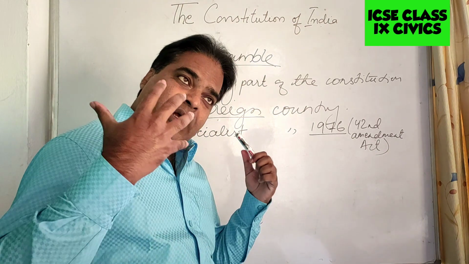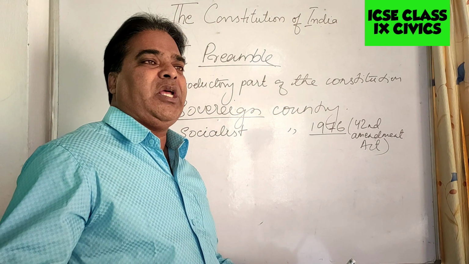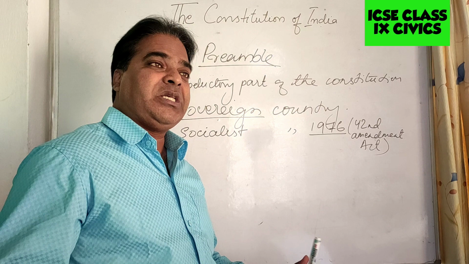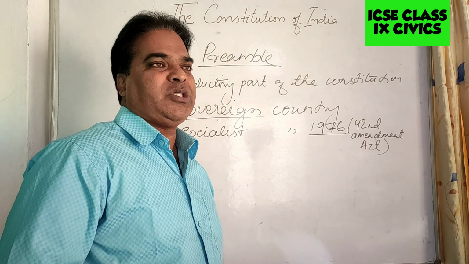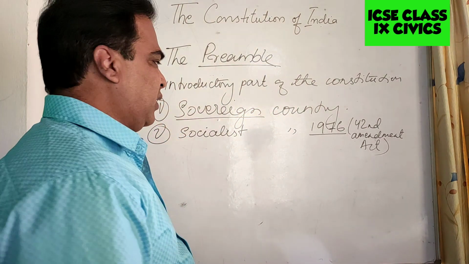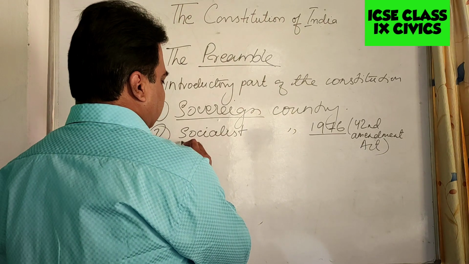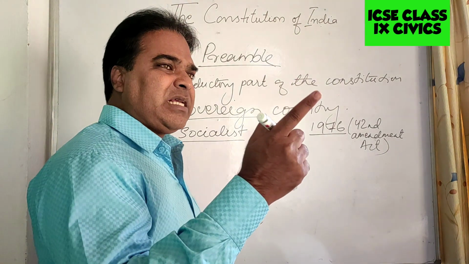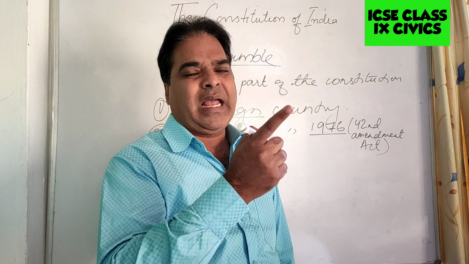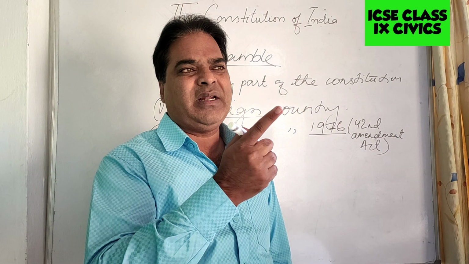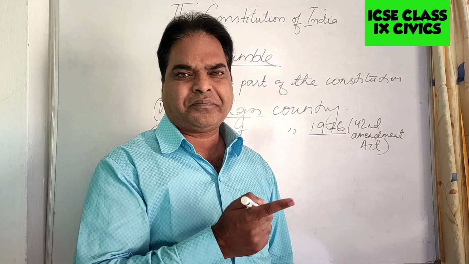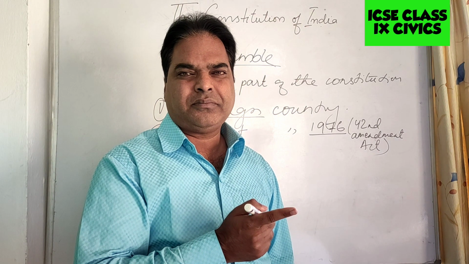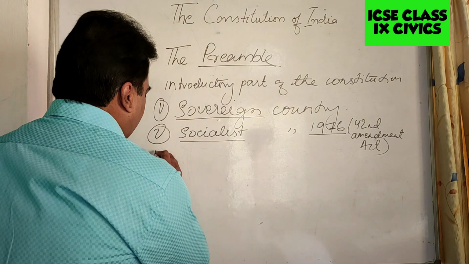So there will be a separation on the basis of wealth, but not on the basis of resource distribution. Okay, my dear, socialist. Clear, children? Socialism. Last time I taught you, when we were discussing capitalism and socialism, I gave a differentiation. Do you remember? Yes, sir. Okay. Now number 3.